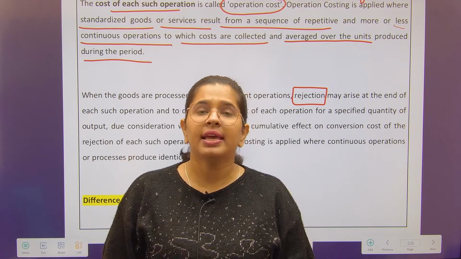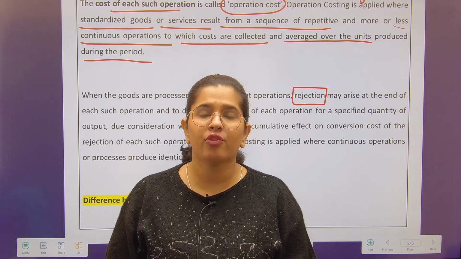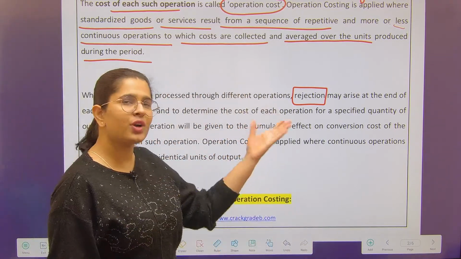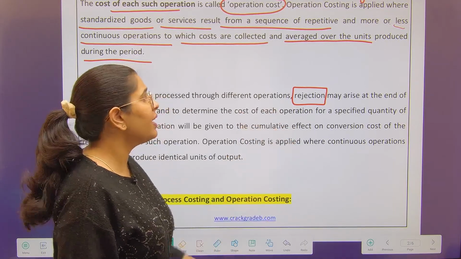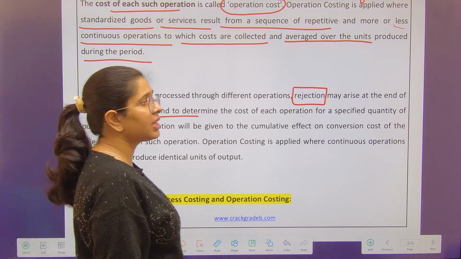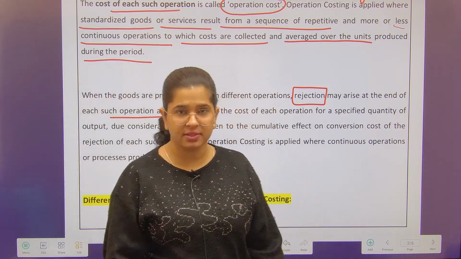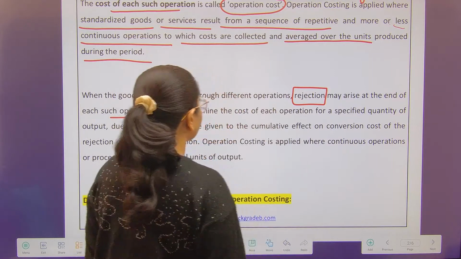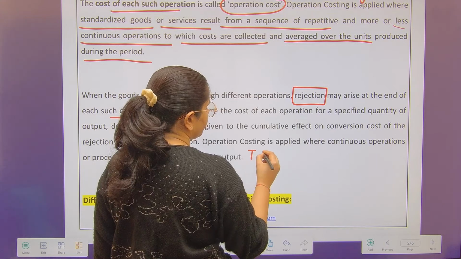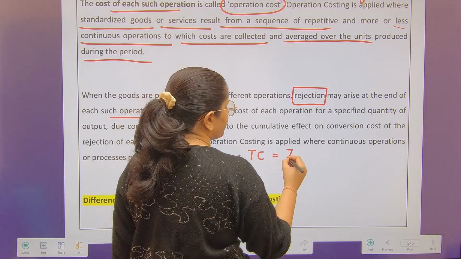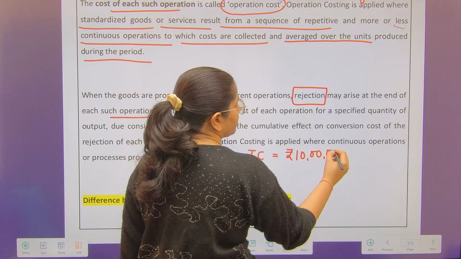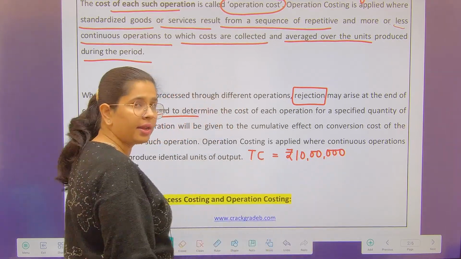So rejection is normal in any kind of manufacturing process, and that is going to happen here as well. Rejection will happen and you will have to include the cost of rejections in the cost of operation as well. How? See, suppose my total cost of operation is 10 lakhs, right?